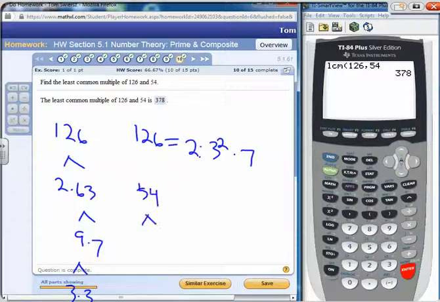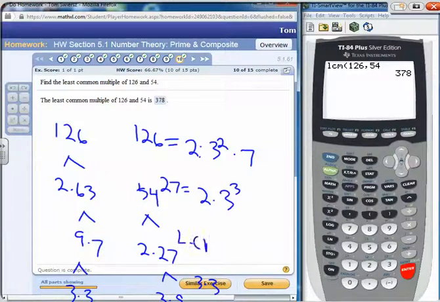54 is 2 times 27. 27 is 3 times 9, and 9 is 3 times 3. So 54 is 2 times 3 cubed.